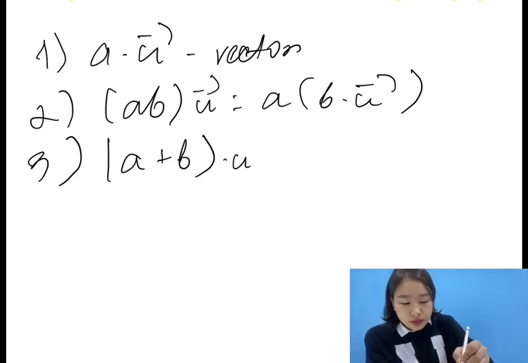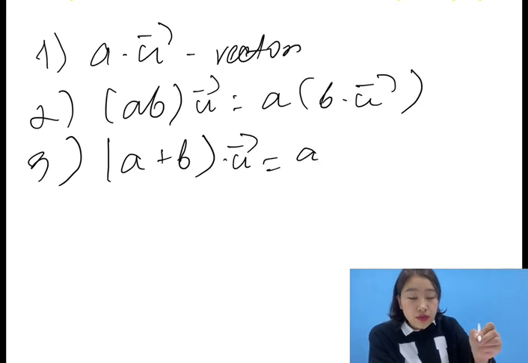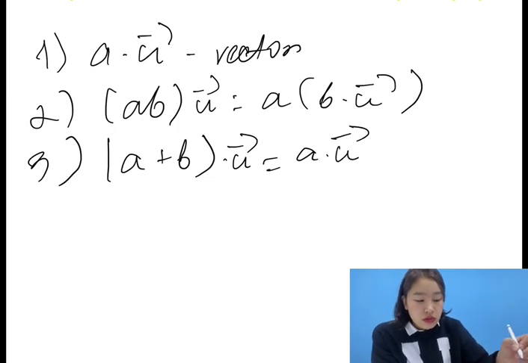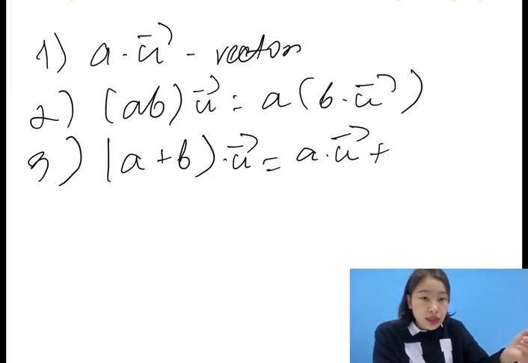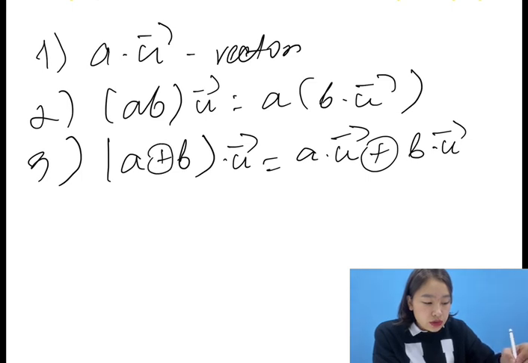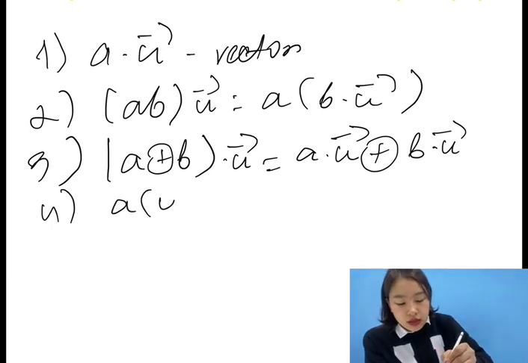And the third one, if we have the sum of 2 numbers multiplying by a vector, we can open the brackets individually, where the A scalar will be multiplied by the U vector, and the B scalar will also be multiplied by the U vector, and the symbol will be the same as in the brackets.